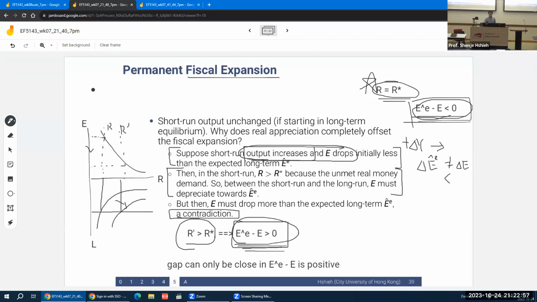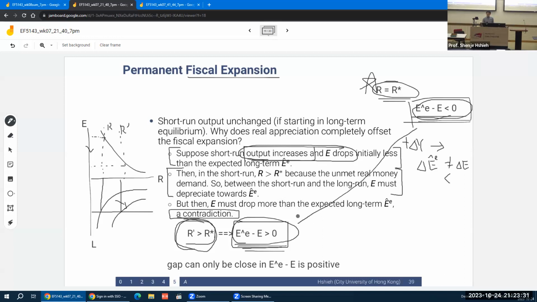And then we walk through this short run model logic, right? In which we assume that there's an output effect, which requires higher domestic interest rates, which actually requires a higher depreciation of the home currency, right? If there is a gap between R prime and R star, then we know that there must be a compensation from the depreciation of the home currency, and that requires the gap between E hat E and E to be positive.